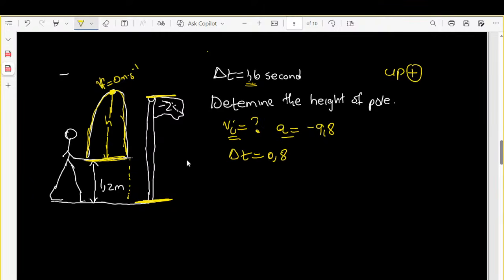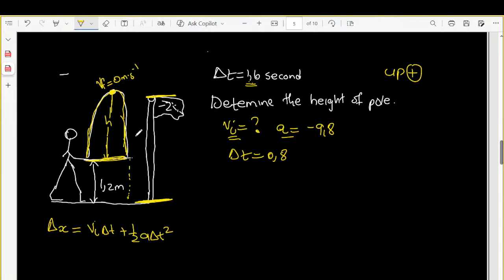My aim is to find my v initial. You know why I need the v initial? Because I want to use the formula that says delta x is equal to v initial delta t plus 1 over 2a delta t squared. Look at this.